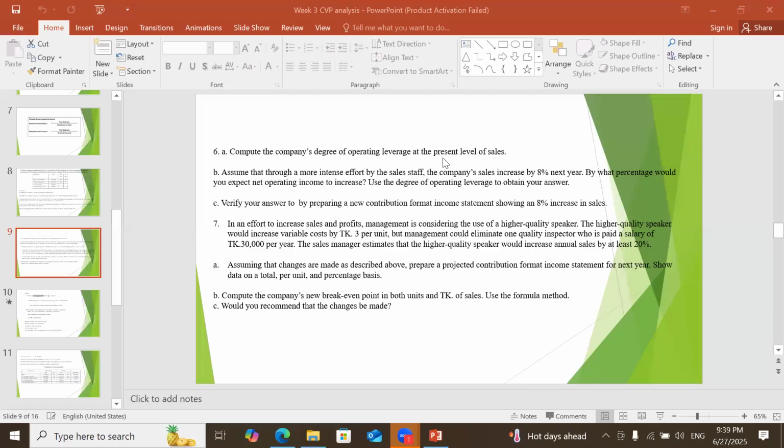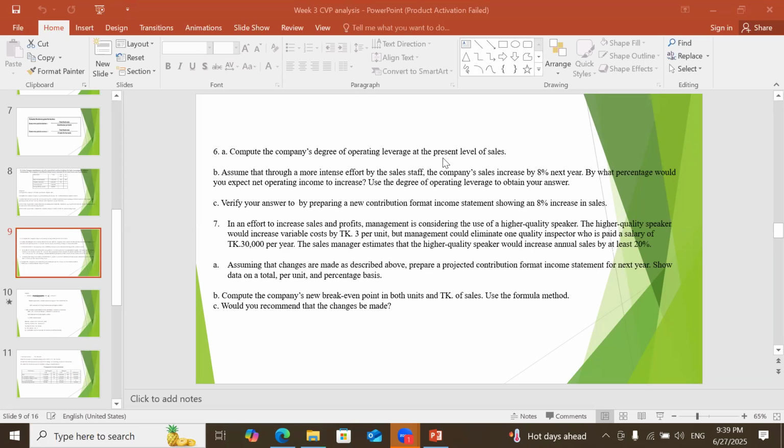If the variation of degree of operating leverage is very high, the company falls under a huge risk, but there is a possibility of potential return. This is the actual meaning of the degree of operating leverage.